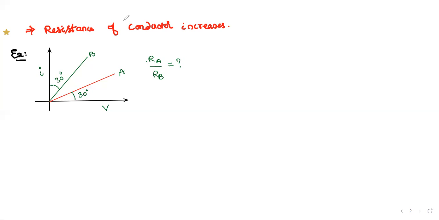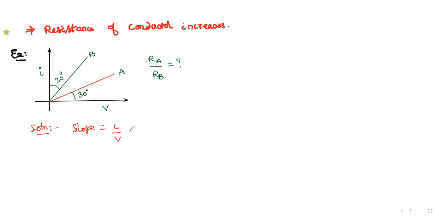But here, I think you already observed it is an IV graph, not a VI graph. So the slope gives, in this case, I by V, that is 1 by R. Exactly.